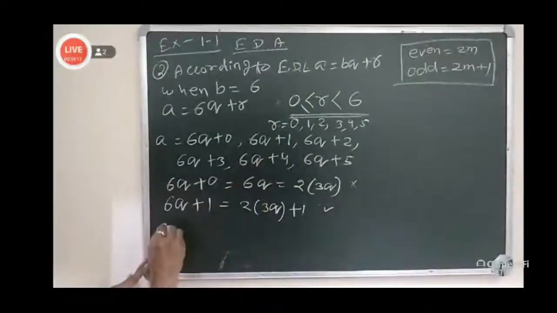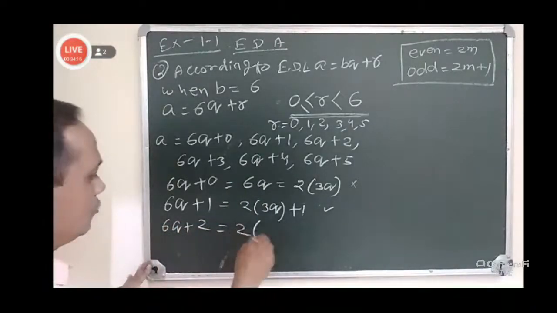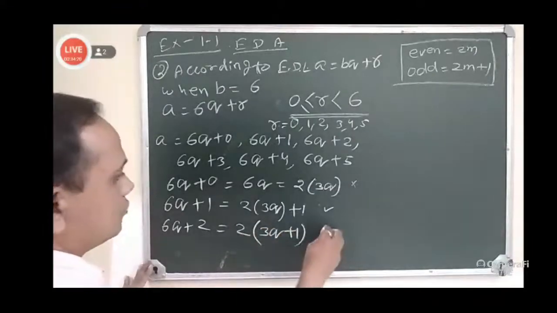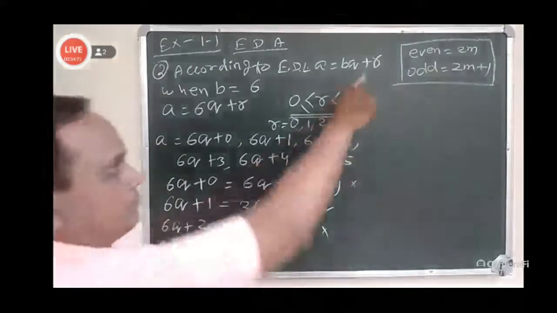Then 6Q plus 2 equals 2 into 3Q plus 1, which is even. We cannot count it as odd.